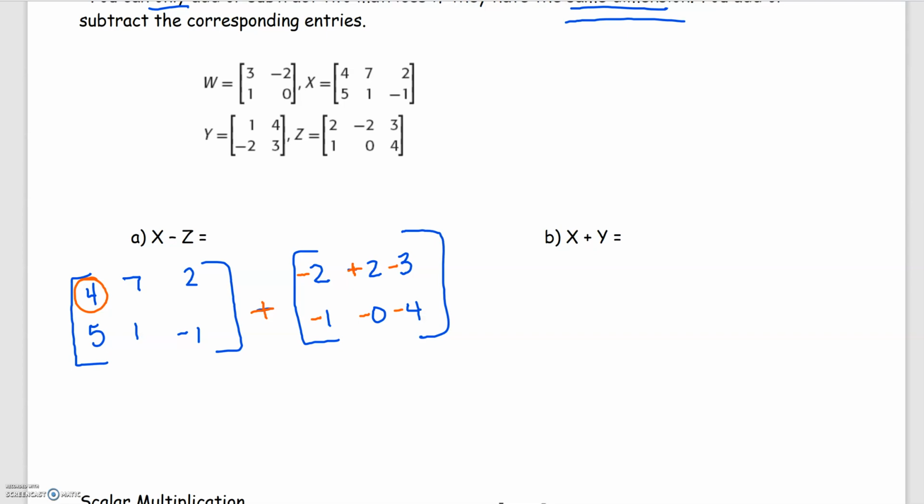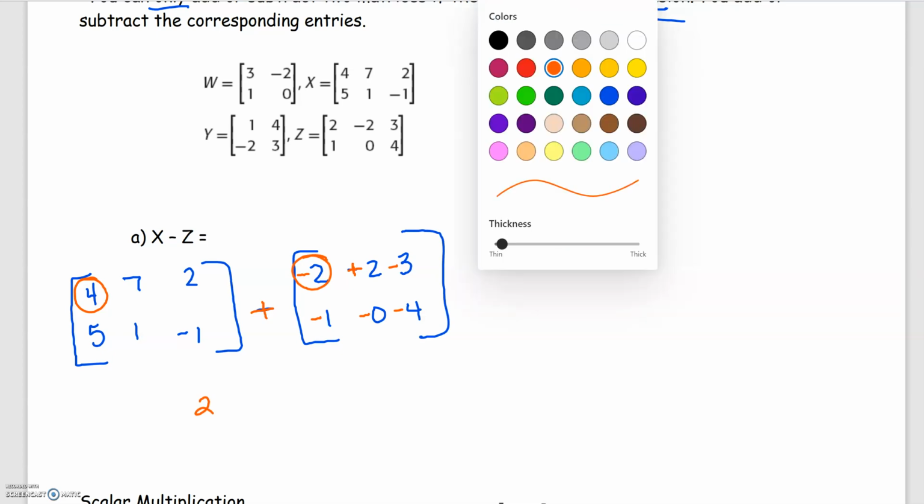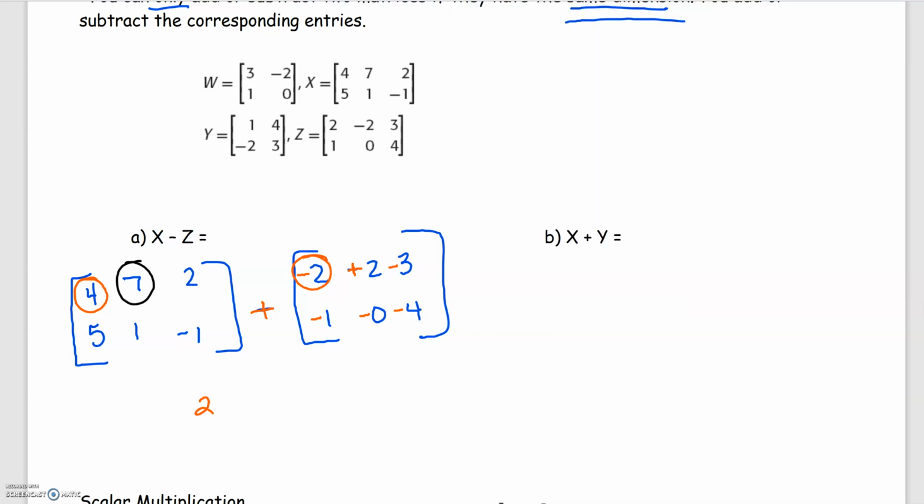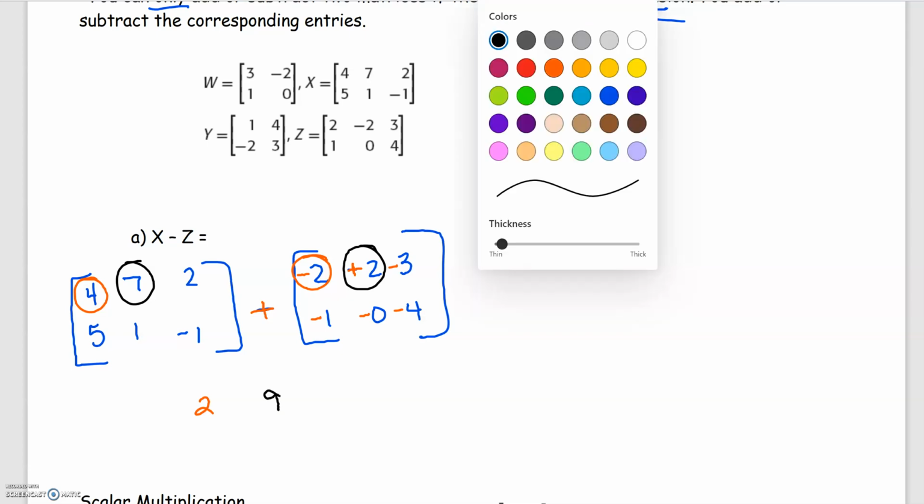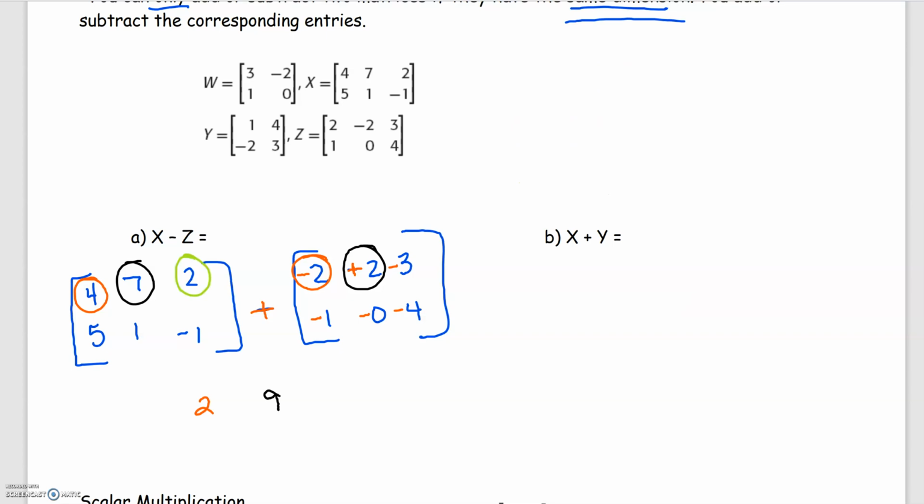So 4 plus -2 is 2. And then we're going to take 7 plus 2. And then we would take 2 plus -3.